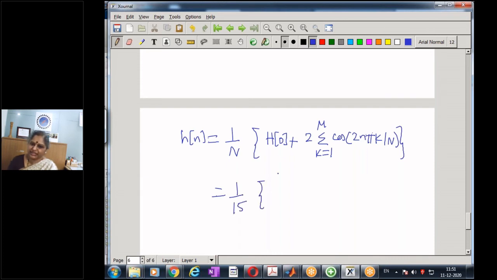And h of 0 is a high pass filter, so it's a 0 plus 2. And all values of h of k are 0.